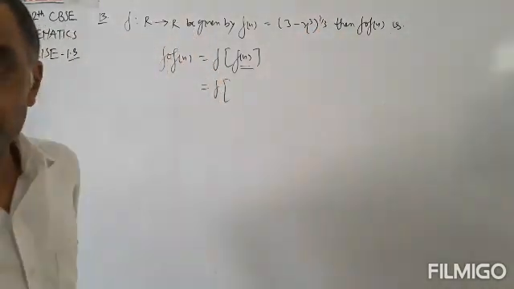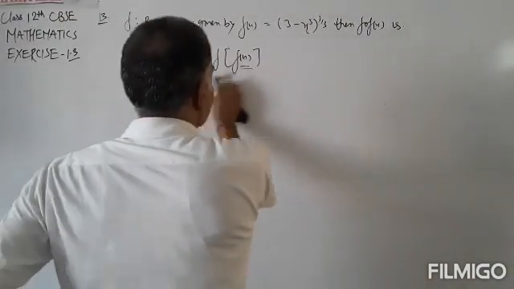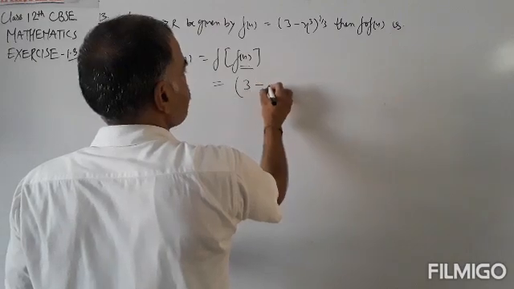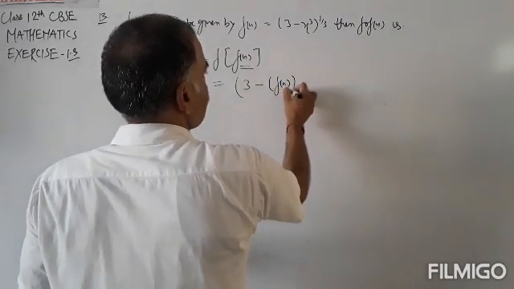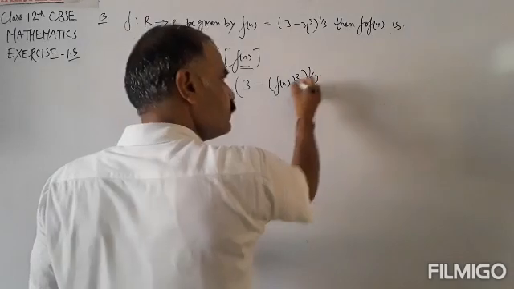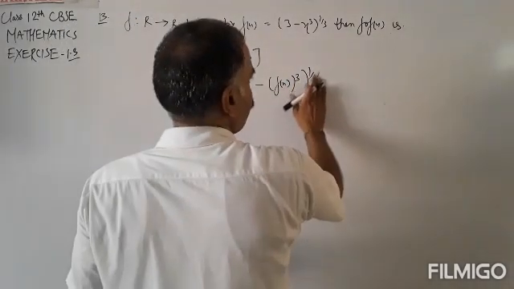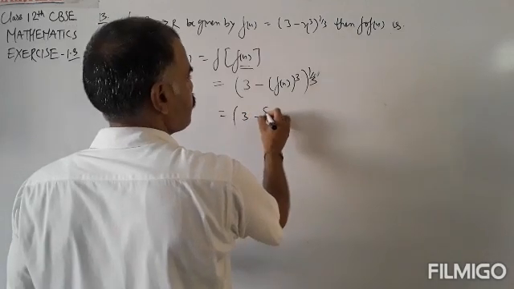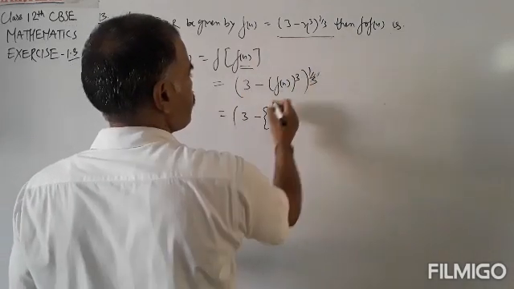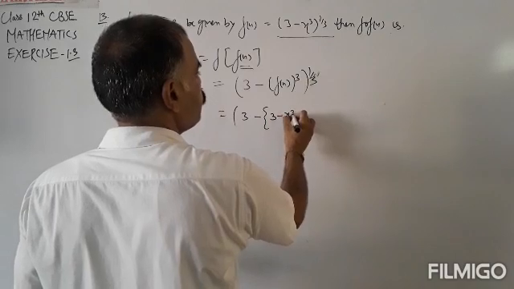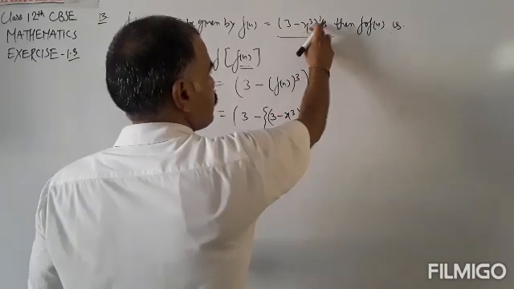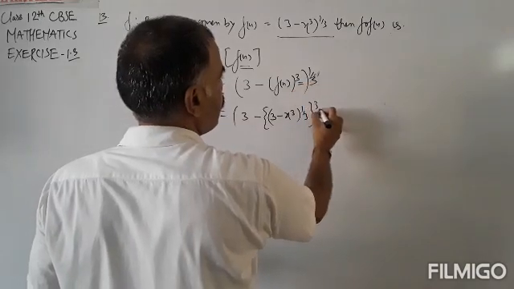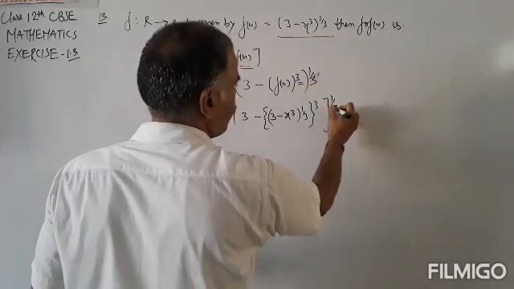Okay, so the image of f(x) under f is equal to (3 minus f(x) cube) and cube root. The whole power is cube root. So this is 3 minus f(x), where f(x) is 3 minus x cube, to the power 1 by 3, whole power 3 and whole power 1 by 3.